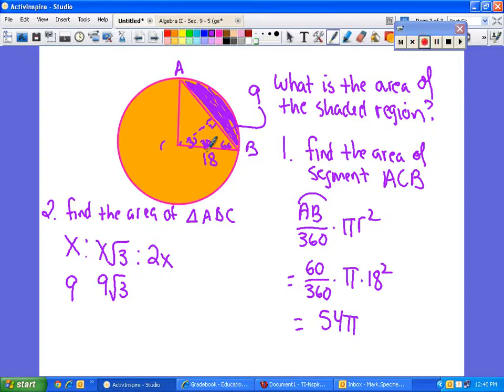So now I have a 30, 60, 90 right triangle, which is on the reference sheet. It's one of those special right triangles where there's a relationship between the sides. The shortest side, opposite the 30-degree angle, has the value of x. The side opposite the 60-degree angle is x times the square root of 3. The hypotenuse is 2 times the length of the smallest side. We don't care about the hypotenuse. What we care about is this middle side.